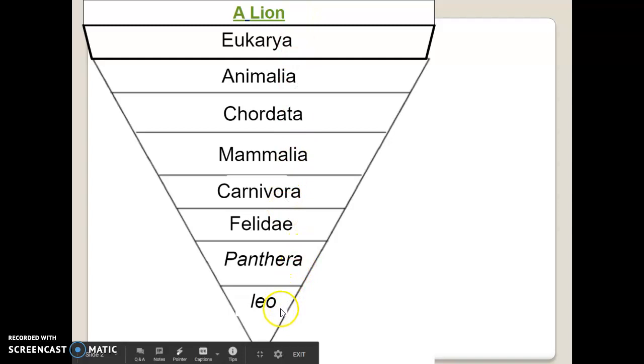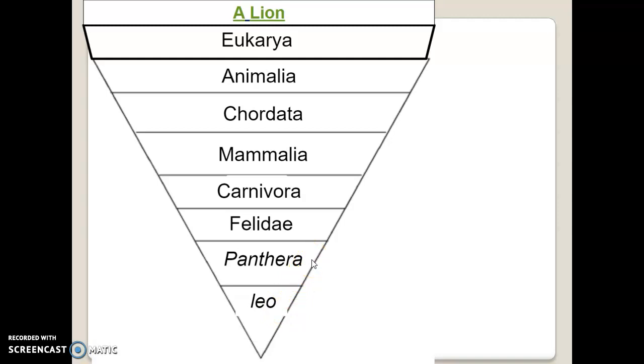Panthera leo is the scientific name. So identifying the genus of organisms, Panthera was described in the video as a genus of large cats that roar and will probably tear your face off. And then if we're talking about the lion, we would have leo as being the species name or the species descriptor.